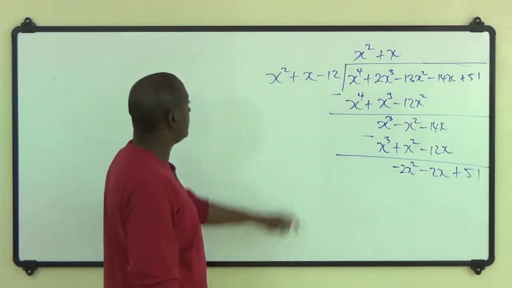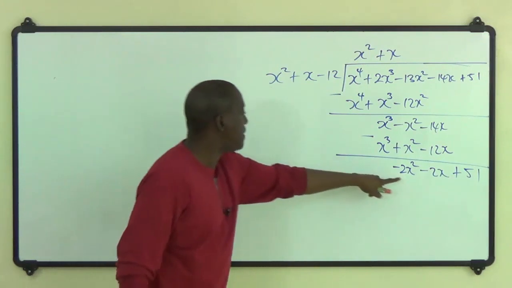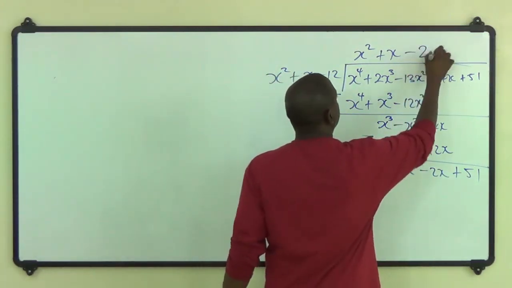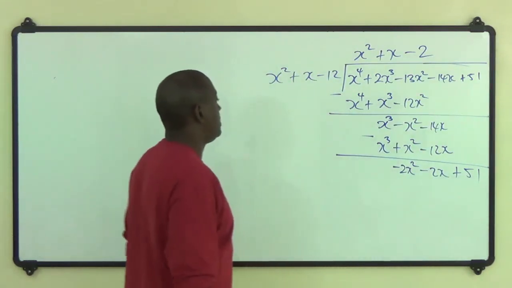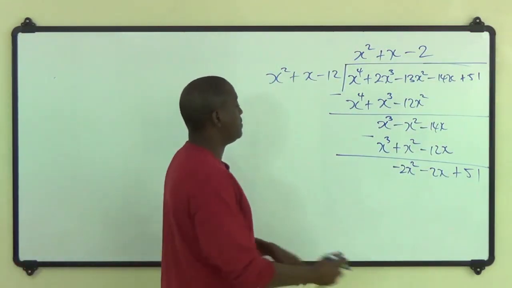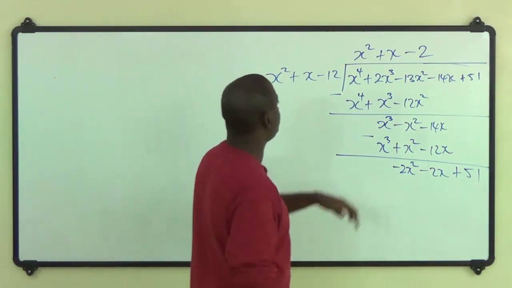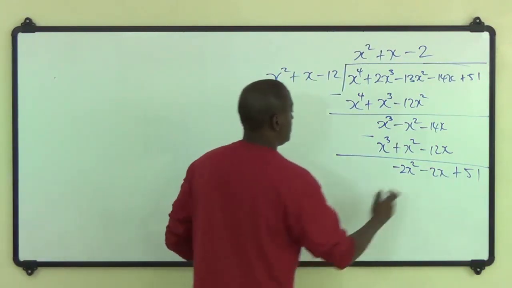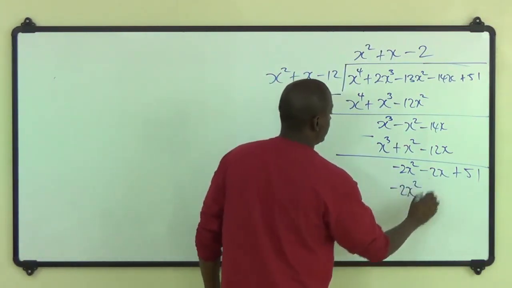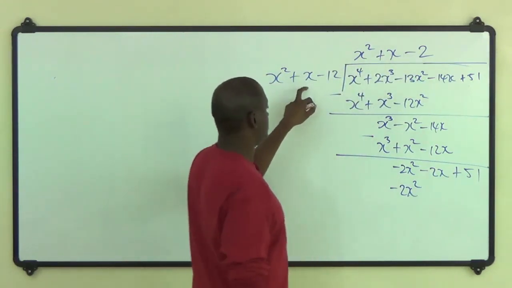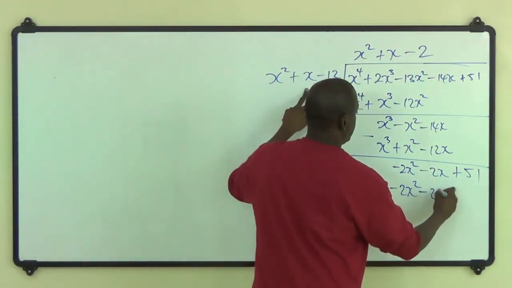So we're going again. x squared into minus 2x squared is minus 2. Right, so maybe you've seen the 27 taking shape, but you'll see it if you're not seeing it yet. So minus 2 by x squared is minus 2x squared. Minus 2 by x is minus 2x.